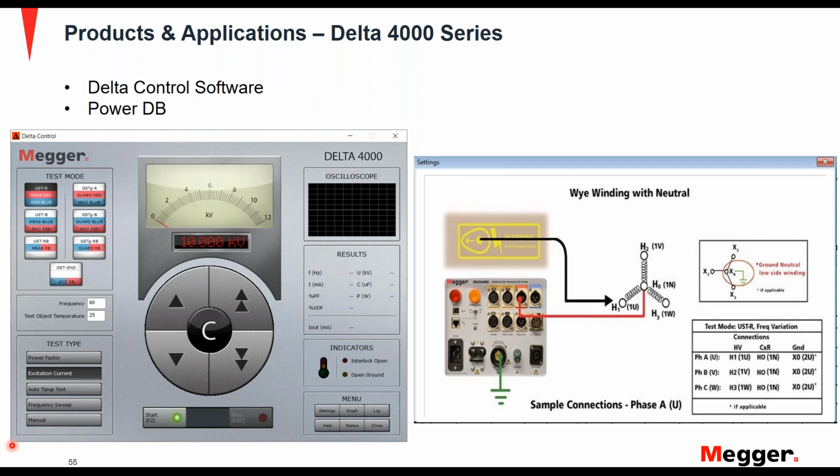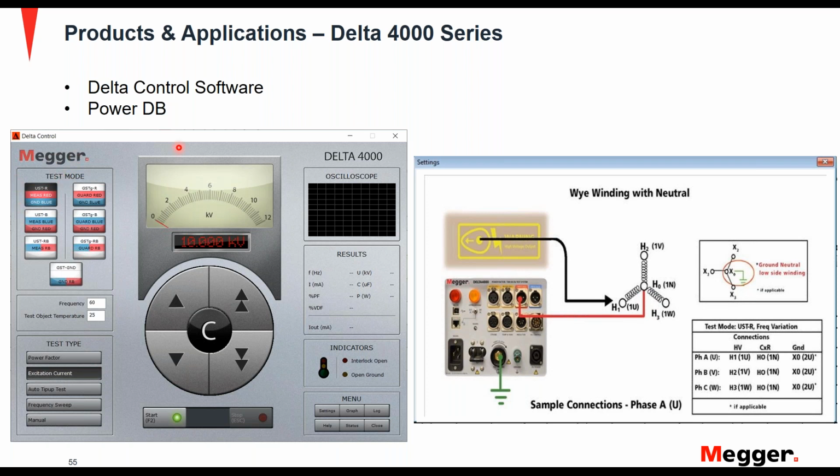The Delta 4000 series has different modes. As you can see, it has modes for power factor testing, excitation current specifically, and it also has a manual test. And the Delta control software can be used to choose the test mode that's most suitable. For power factor, you would want to choose specific test modes, and for excitation current, as you see here, the UST-R mode is used.